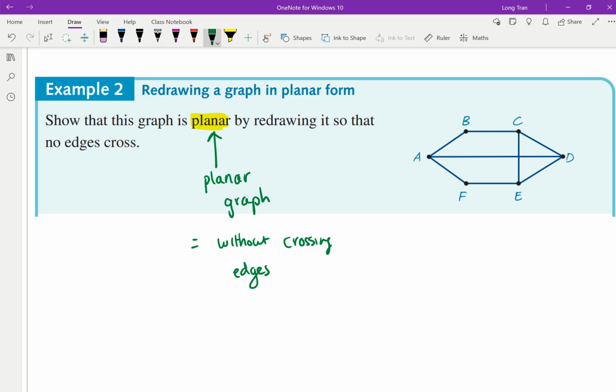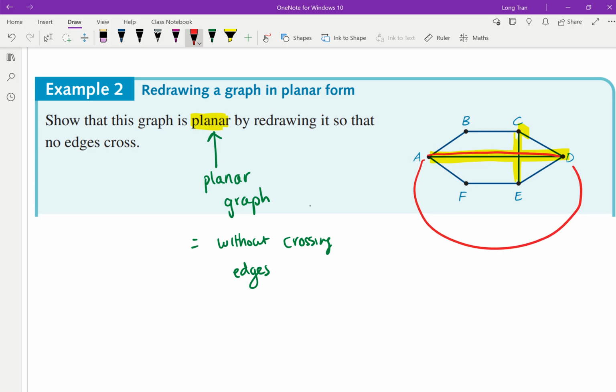Okay, so right now this is not a planar graph because C to E crosses with A to D. That's a problem. You need to show that this graph is planar by redrawing it so that no edges cross. Now there's a couple of ways to do that. You can redraw A to D on the outside.